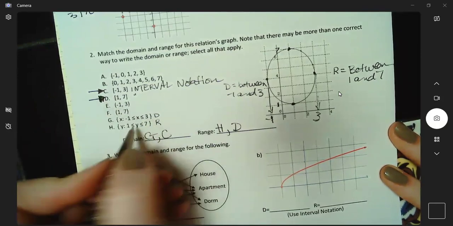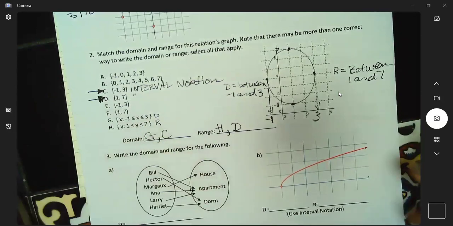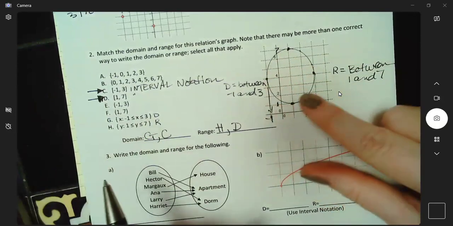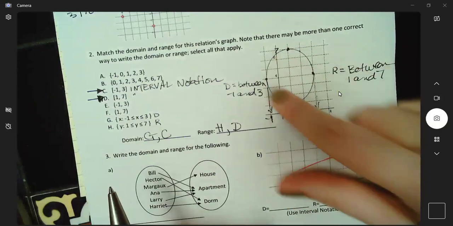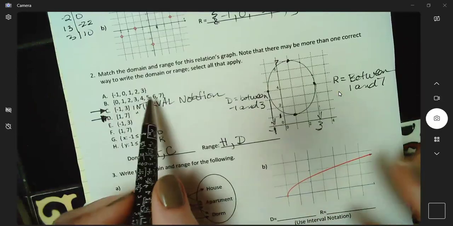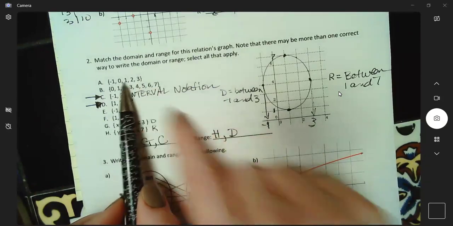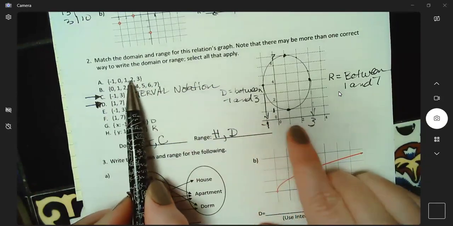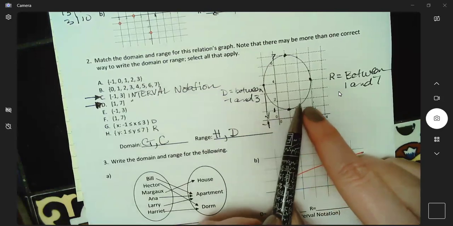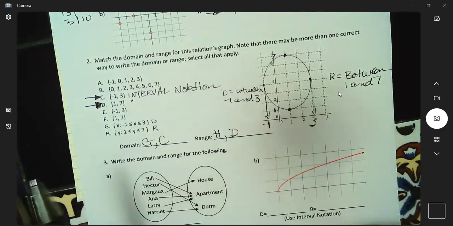This is how we would say it if we were using inequalities. But that's what you have to do when you have a continuous, smooth line or curve. You can't just list off individual points like this. This is also x values between -1 and 3, but it's only the integers. It doesn't include all the decimals and fractions that fill in between the whole numbers.